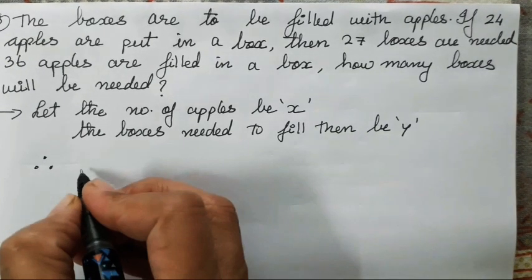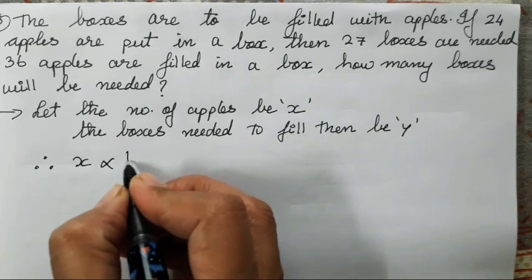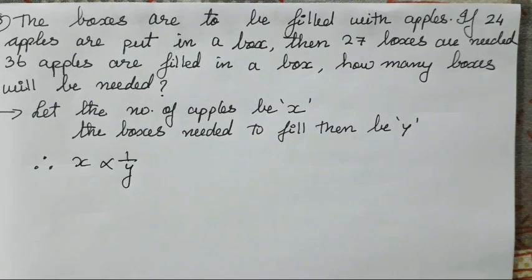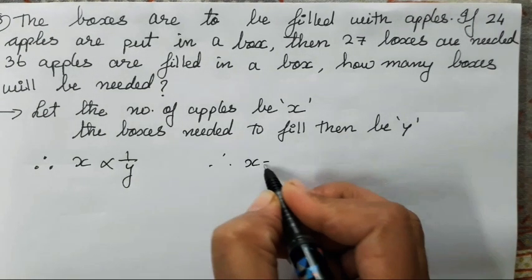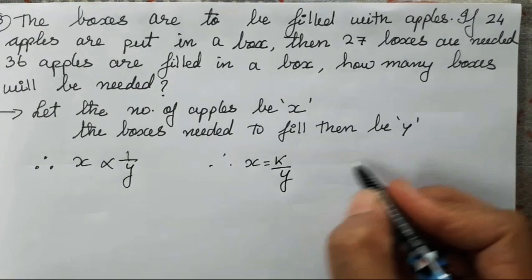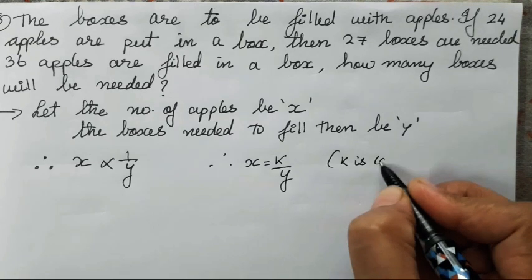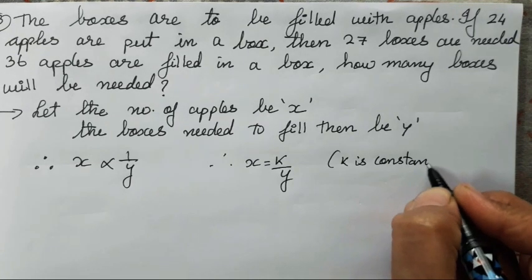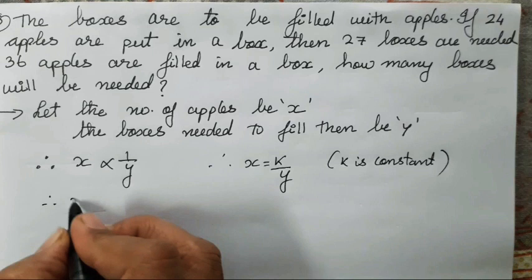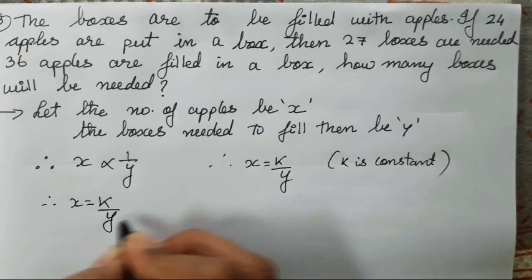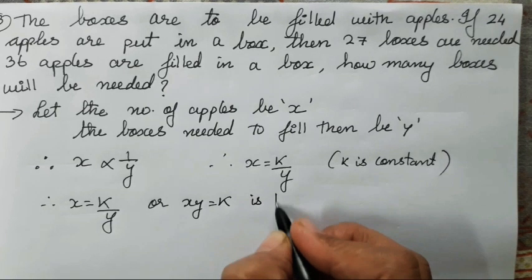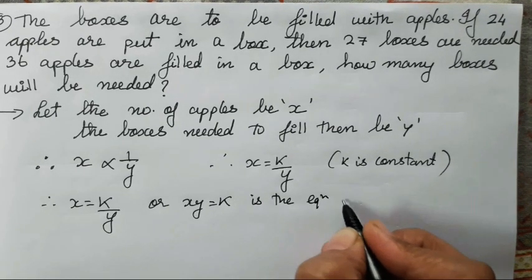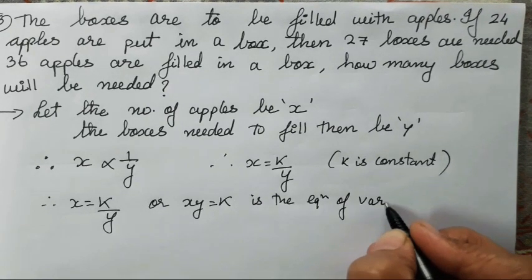So after writing this, you all can directly state it is an inverse variation. From this you are going to get x is equal to k upon y, where k is constant. Therefore x is equal to k upon y, or xy is equal to k is the equation of variation.